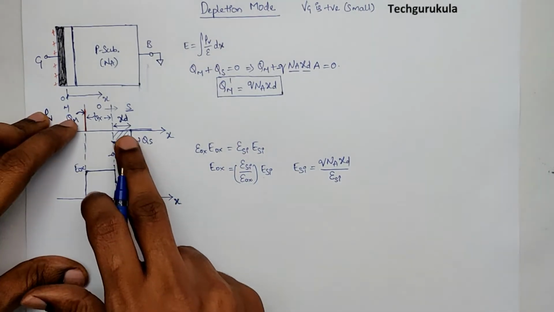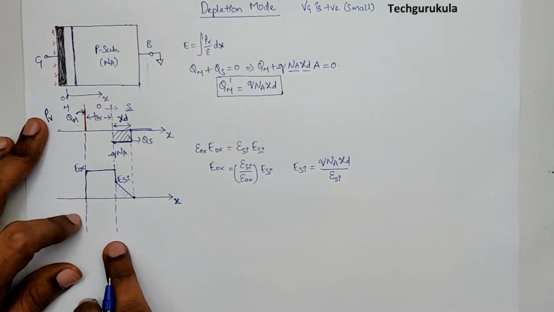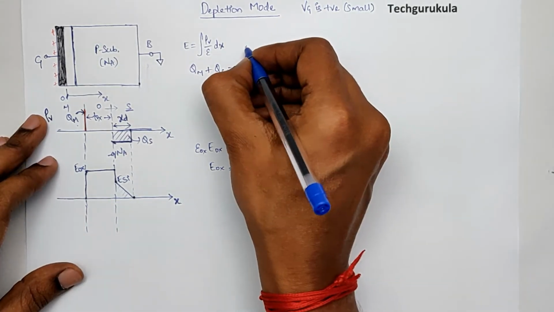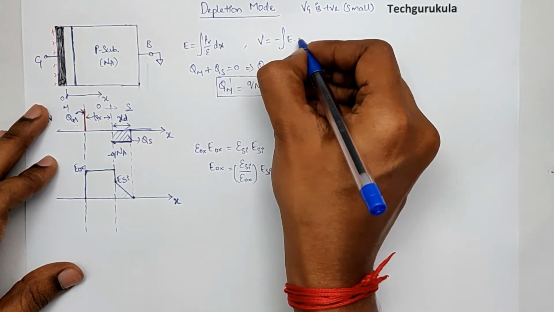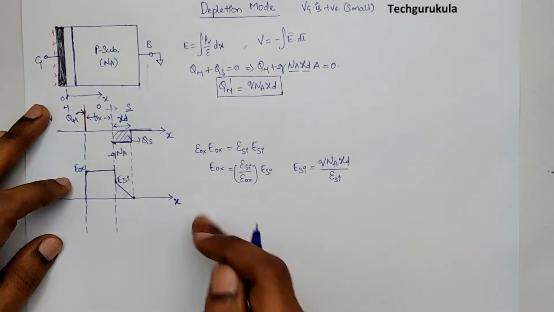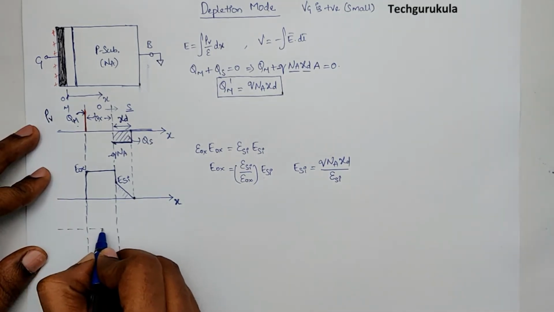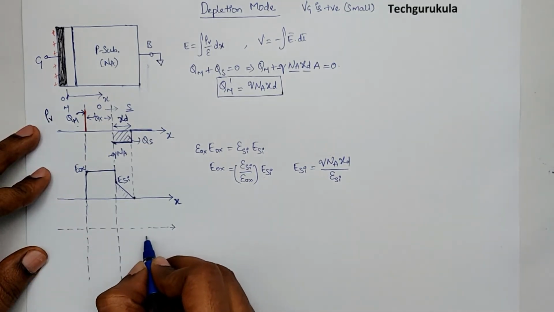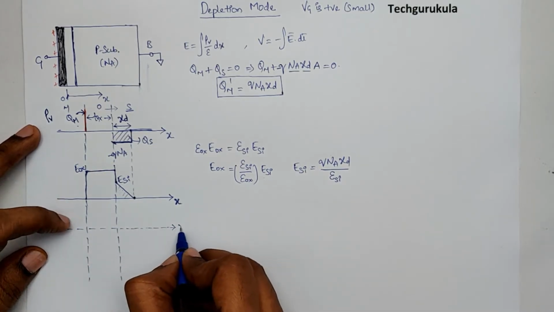Now, once we know the charge distribution and electric field, we can find what is the potential distribution. From the formula that potential is equal to minus integral E bar dot dl bar. In this case, we are going to take scalar and do it. So let me take a reference here. I'll tell you once I find what is potential, why I'm taking the dotted line as reference here.